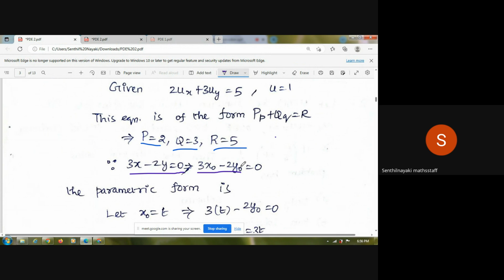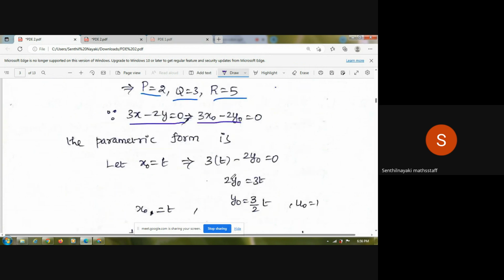So 3x naught minus 2y naught. For finding the parametric form, we assume x naught equal to t. Substituting x naught equal to t, we get 3 into t minus 2y naught equal to 0. So we get y naught in terms of t: 2y naught equal to 3t, then y naught equal to 3 by 2 into t.